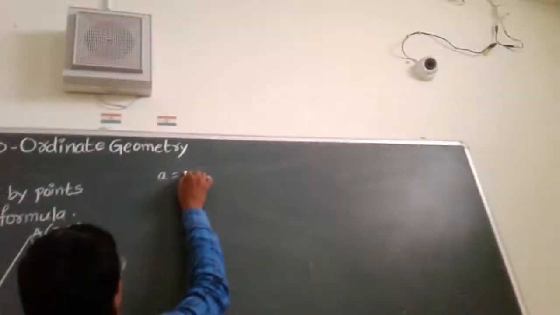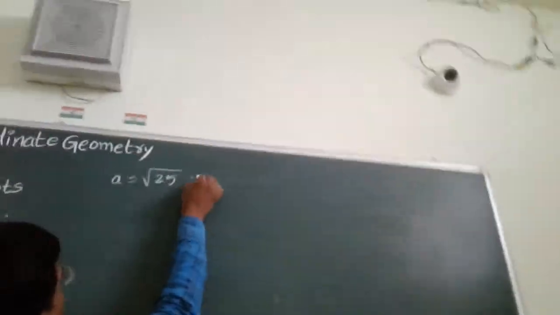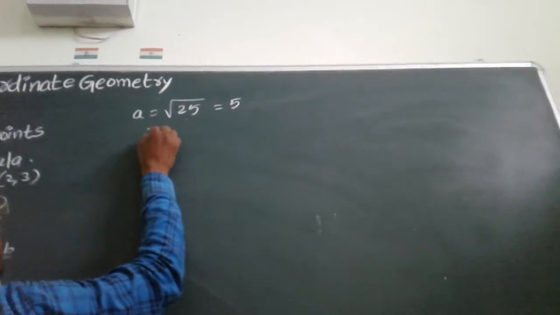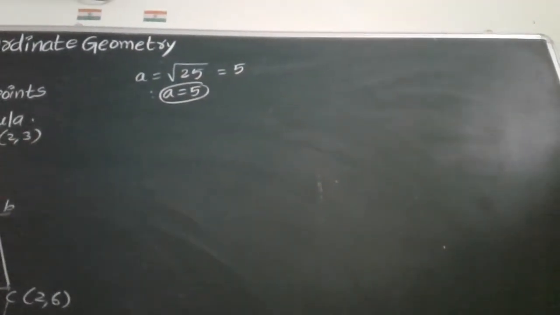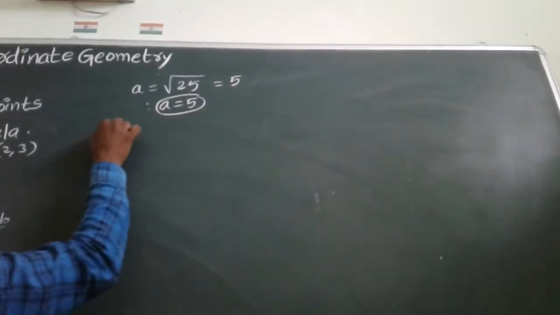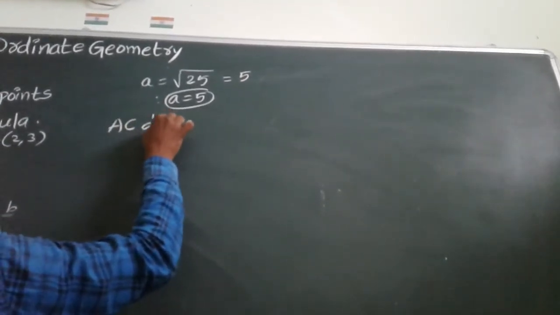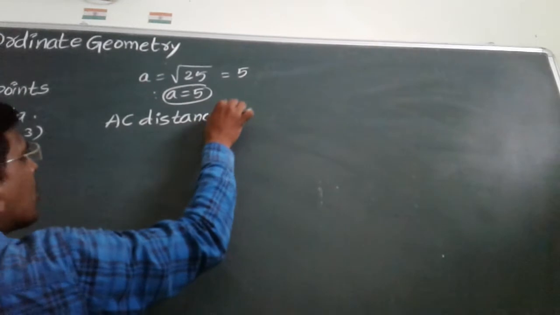So small a is equal to the square root of 25, which is 5. A is equal to 5 units. Next, find the AC distance. The AC distance is nothing but the B value.